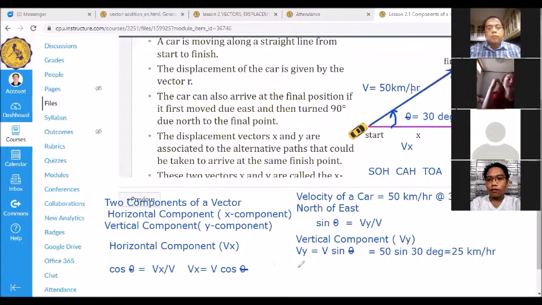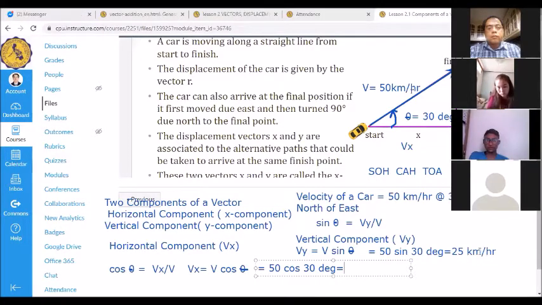So, in our actual expression, how then do we write this value? This is equal to 50 cosine of 30 degrees. And that's how much? 43.3, sir. So 43.3 kilometers per hour.